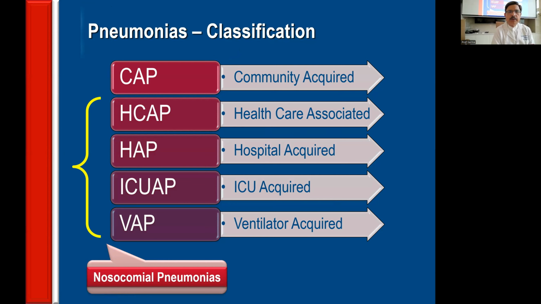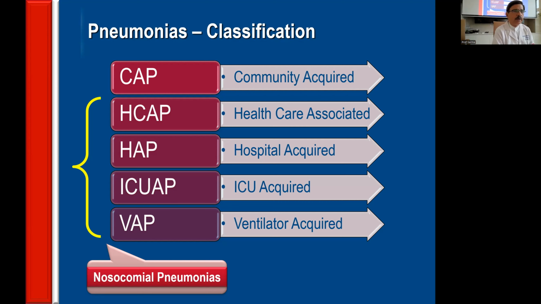Healthcare associated is called HCAP. Hospital acquired is called HAP. ICU acquired, and then ventilator acquired. So ventilator acquired are a little specialty. ICU acquired, hospital acquired, healthcare acquired, these are all called nosocomial pneumonias.